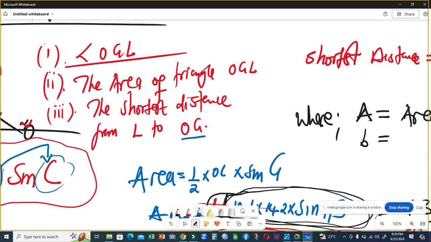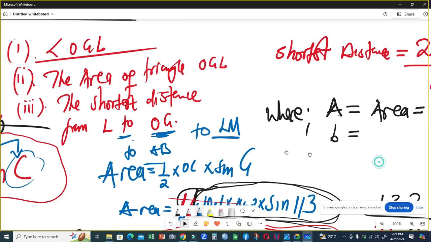The distance after the word "to" is the value of B, which is OG. Even if they say, for example, in another question, to AB, then pick AB. Even if they say to LM, then pick the length LM. So B in this case will be OG.